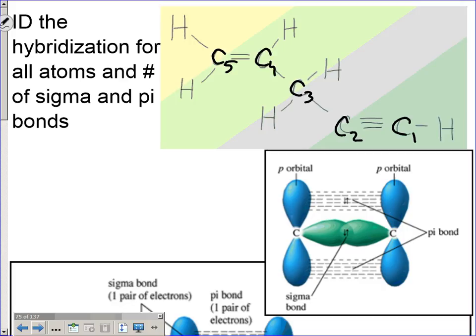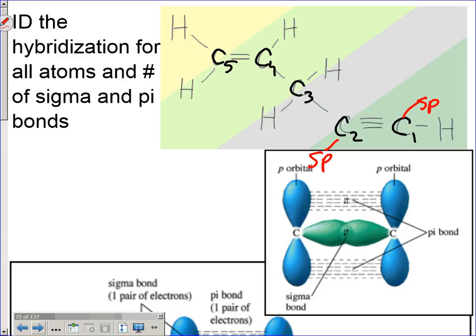Okay? How many electron domains exist around carbon 1? 2. Carbon 1 is what hybridized? sp. 2 hybridized orbitals is sp. All right. How about this carbon? How many electron domains? 2. Again, sp.